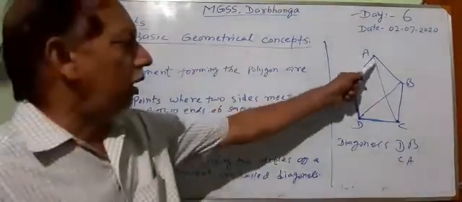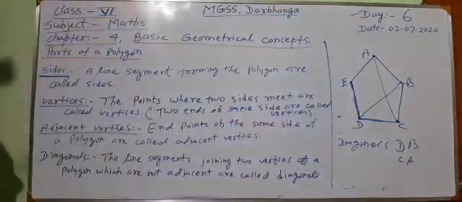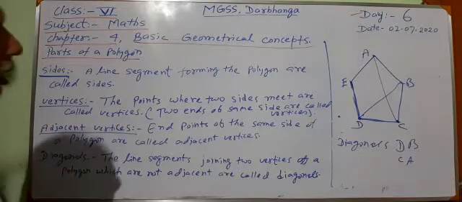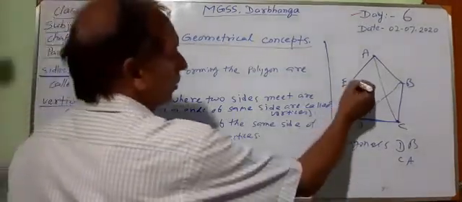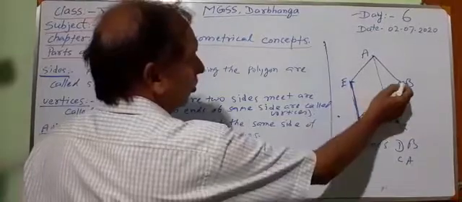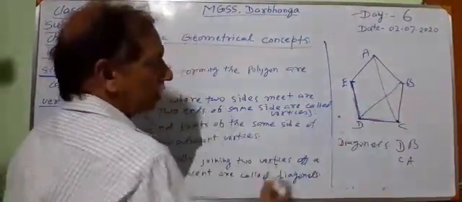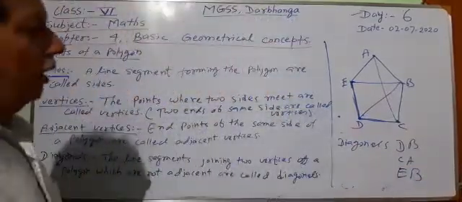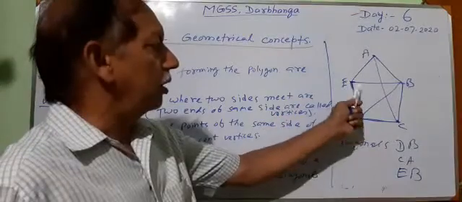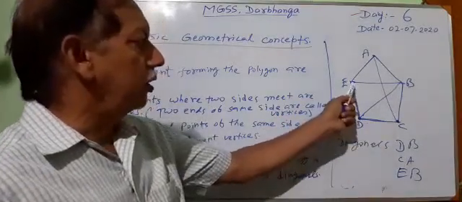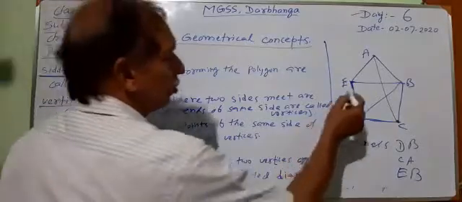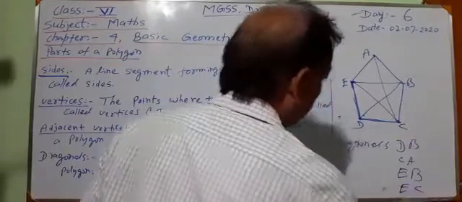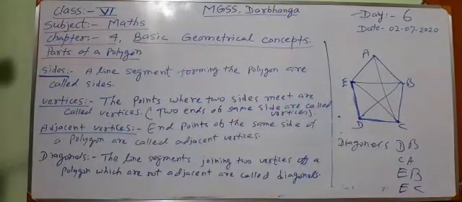Because C and A are non-adjacent vertices, and any line segment joining two non-adjacent vertices is known as a diagonal. Now there is one more point, E. E and B are non-adjacent, so join EB. EB is also a diagonal. Again E and C are non-adjacent, so join E and C. EC is also a diagonal. So these are the diagonals.